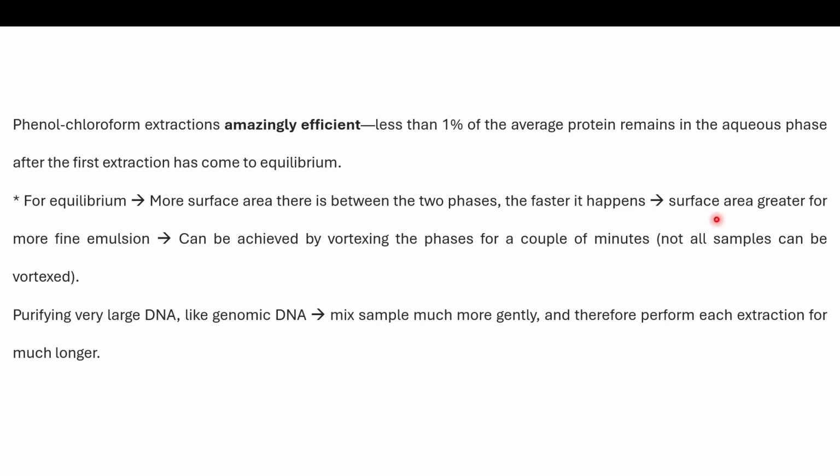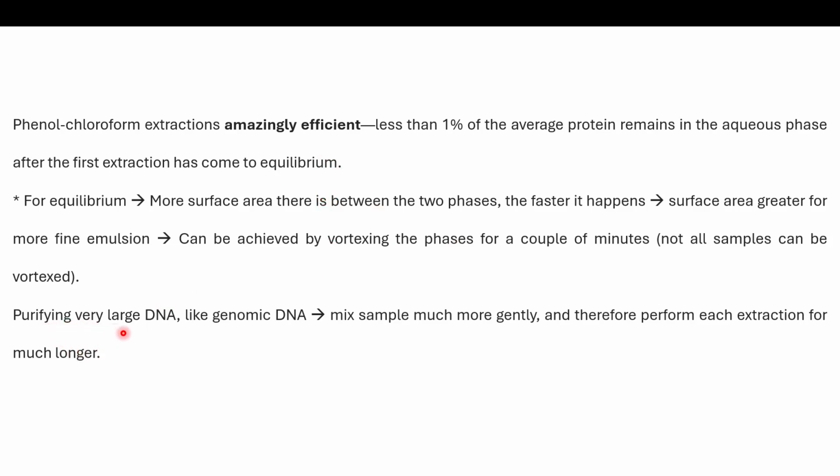So how can we increase that surface area? We can increase it by mixing and vortexing the two phases so that we create small spherical emulsions. Now a sphere has a larger surface area, right? So this equilibrium can be reached at a faster rate.